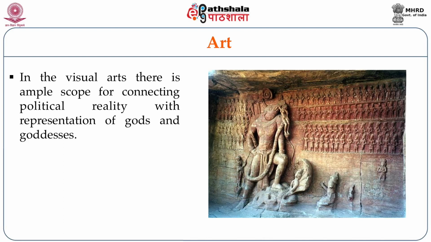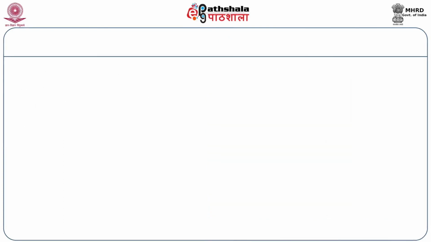So this is the boar incarnation, the Varaha incarnation of Vishnu, and it is a glowing example because here you can see Vishnu is represented as very huge. It's a large representation, and all the other human forms are depicted in a small way.